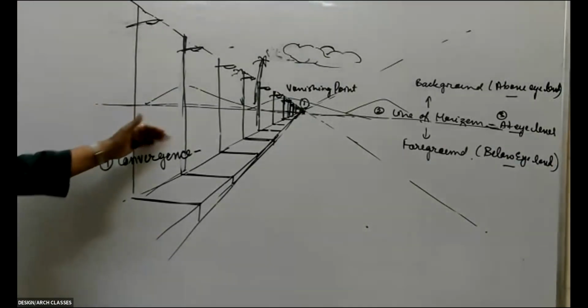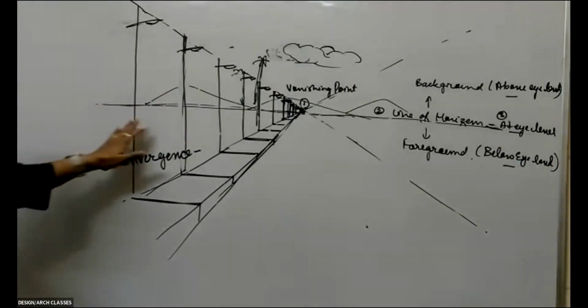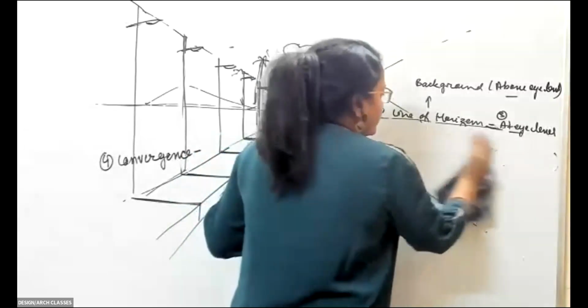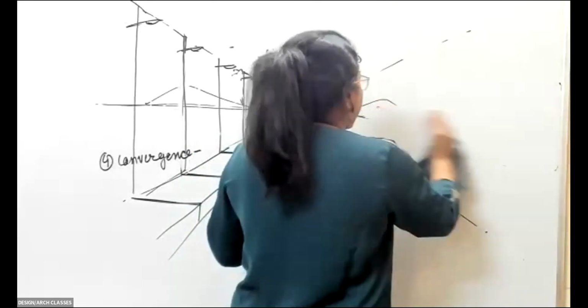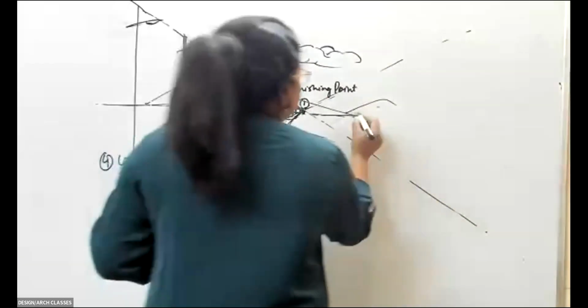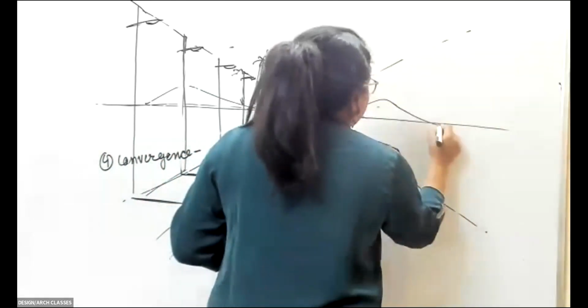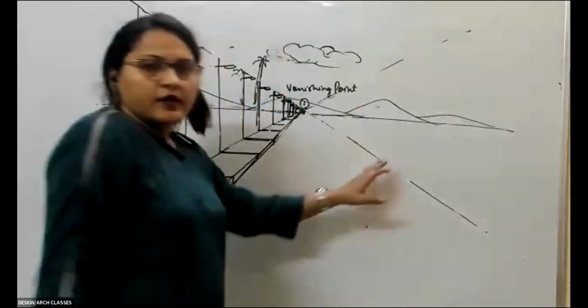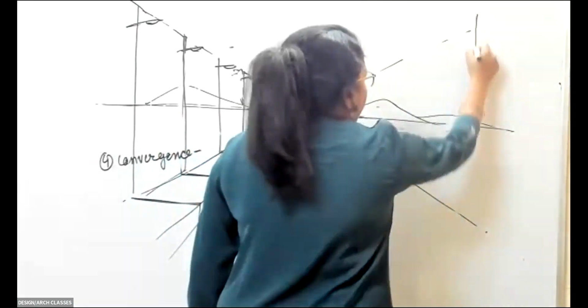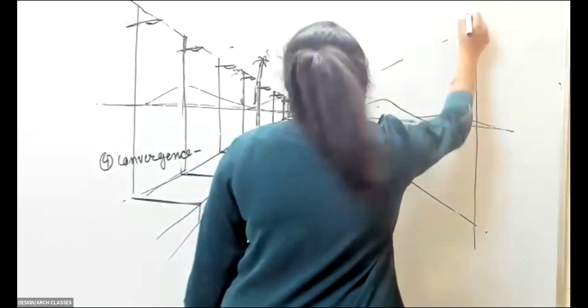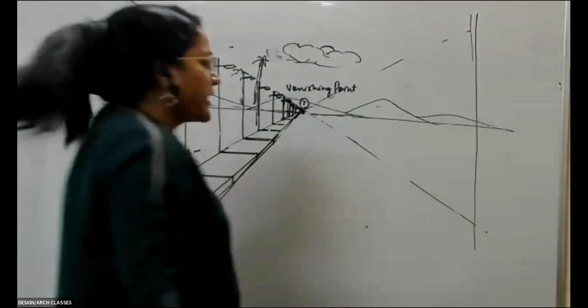लिख लिया? Everyone? Did you write? Yes, ma'am. मैं यहाँ थोड़ा erase कर रही हूँ. ठीक है, because I need to use the space to make you understand the next part. So I am going to use the space for the next part. Now suppose this is my working area.